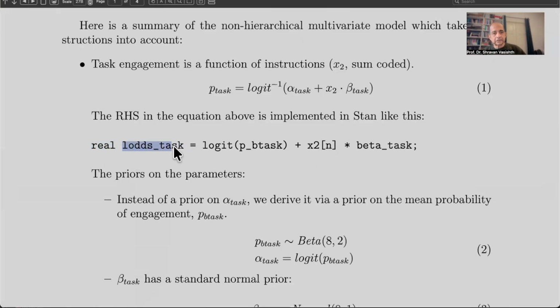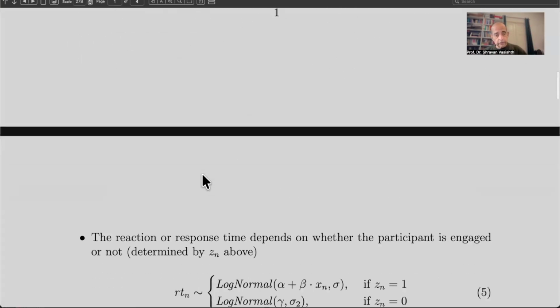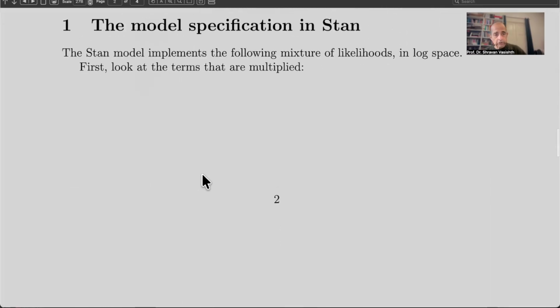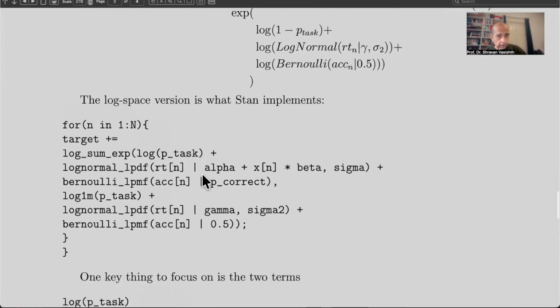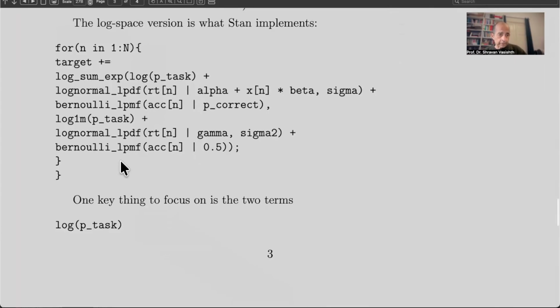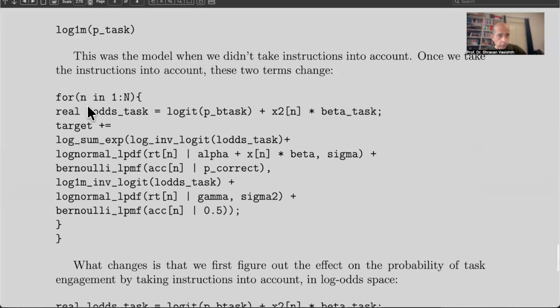Eventually it could be seen as a vector, but in the code, because we're using a for loop, we're going row by row. What's going to happen is that we are going to produce one real number each time in each of the n rows, and that represents the log odds of task engagement at that particular row in the data frame.